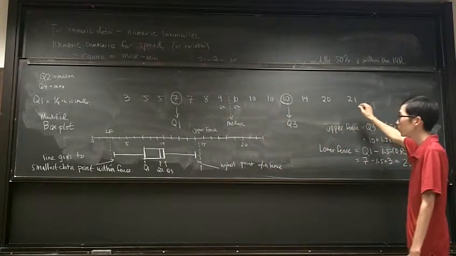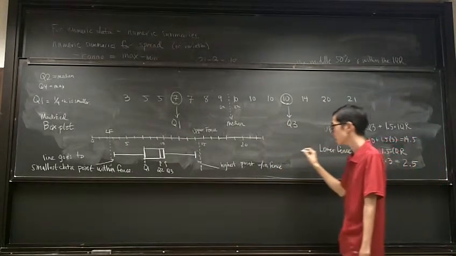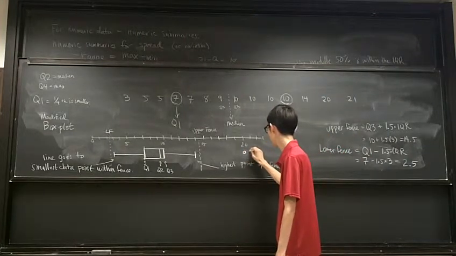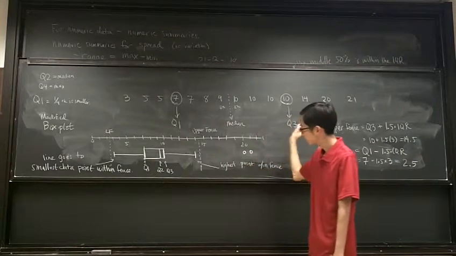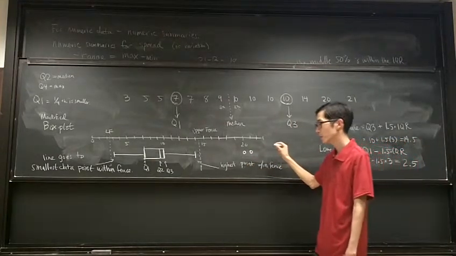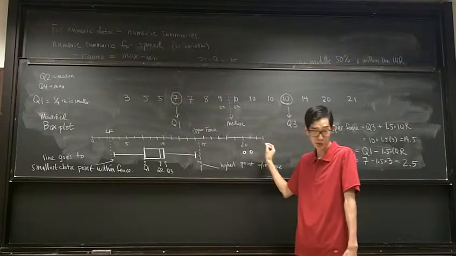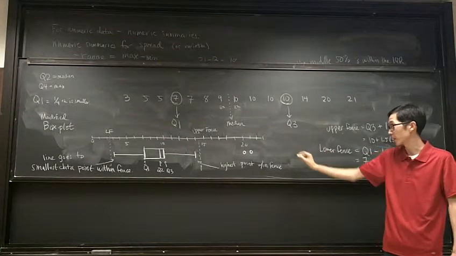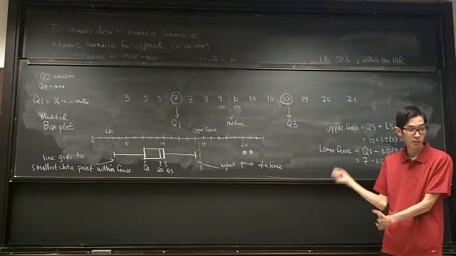So what do I do with 20 and 21? I indicate those with either circles or stars. Some textbooks or computer programs will put a star there. I think our textbook puts circles there. It doesn't matter, you just indicate those there. And so that means those data points are there.